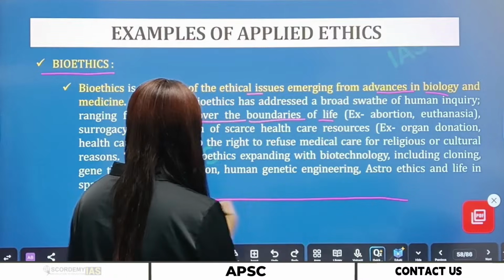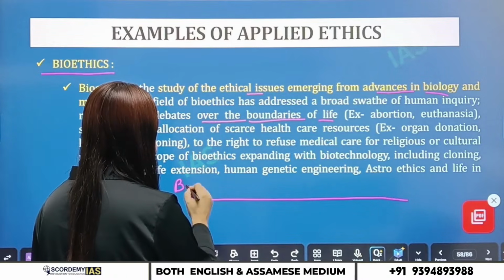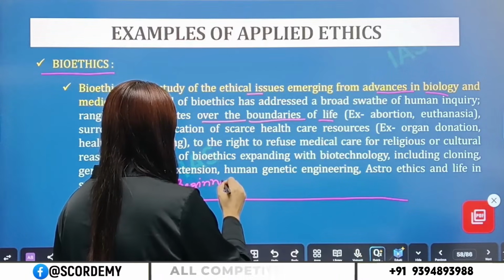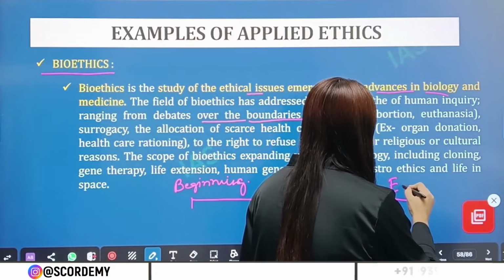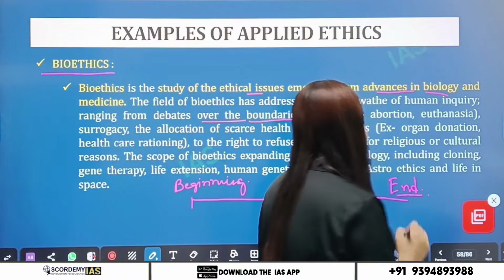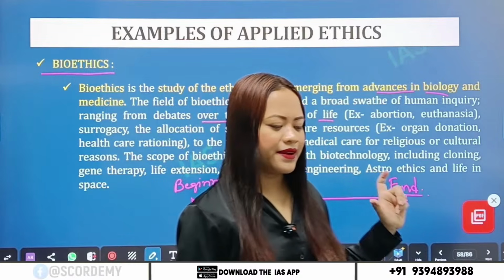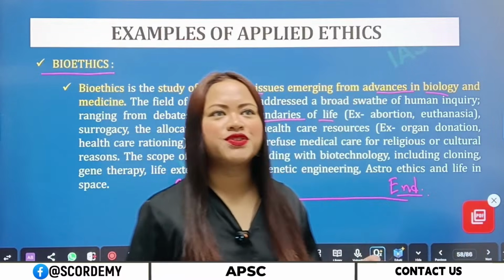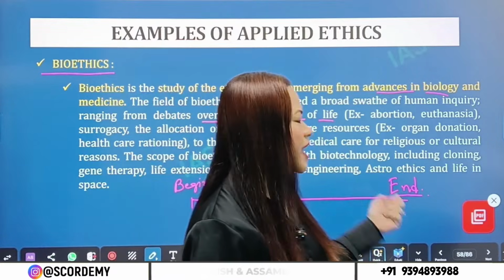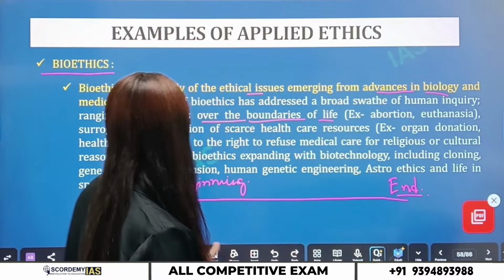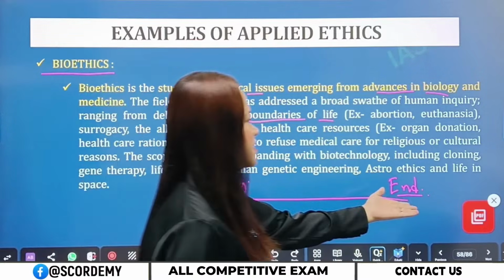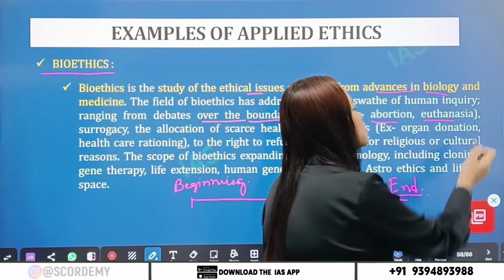Here is our entire lifespan, here is the beginning, and the end. These are the two points where debates relating to ethics in biology and human life are most fiercely debated: the beginning and the end, abortion and euthanasia.